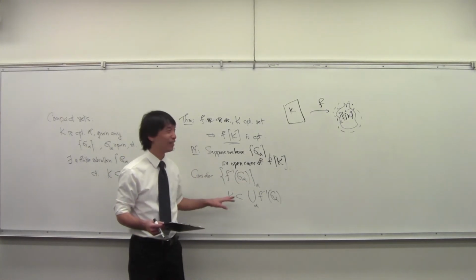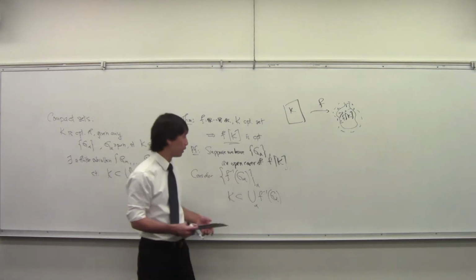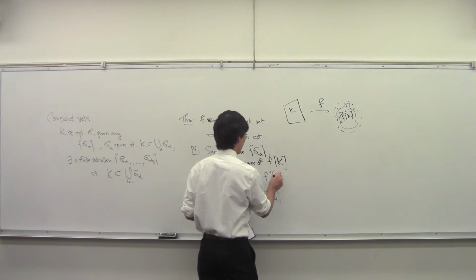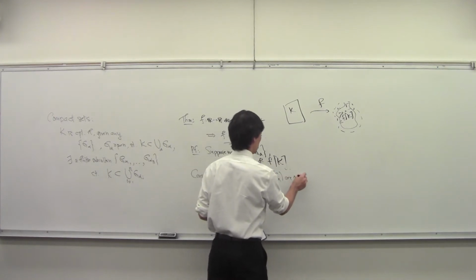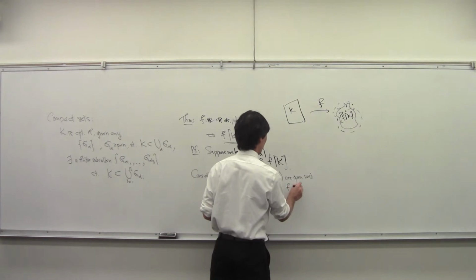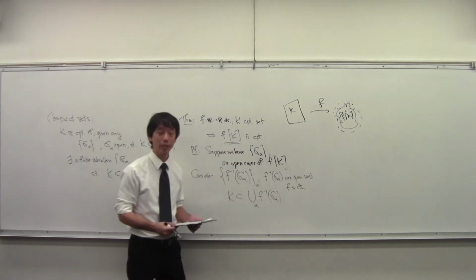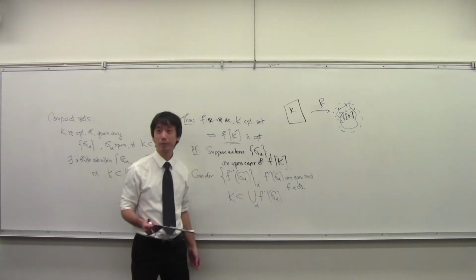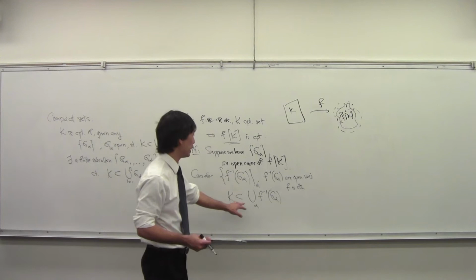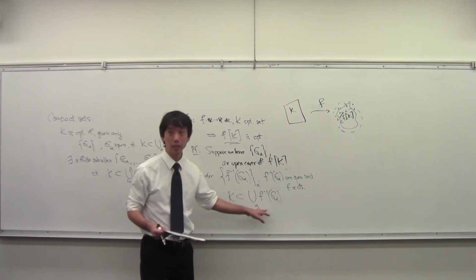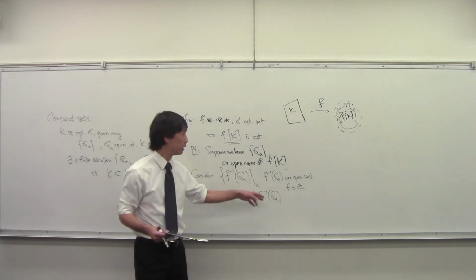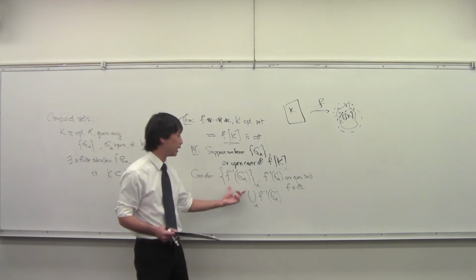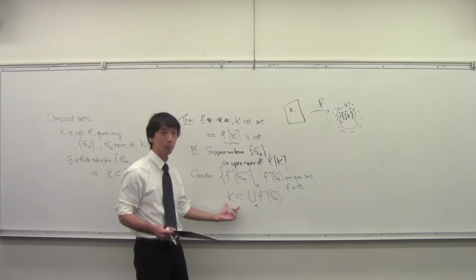These F inverse G alpha are open since F is continuous. We saw that if you're continuous, then the pre-images of open sets are all open. So K is contained in the union of these, and the collection of these is an open cover for K.